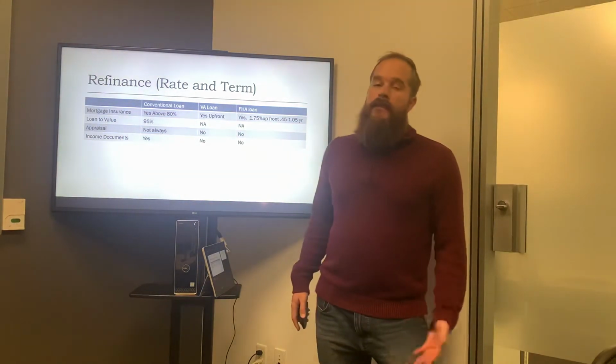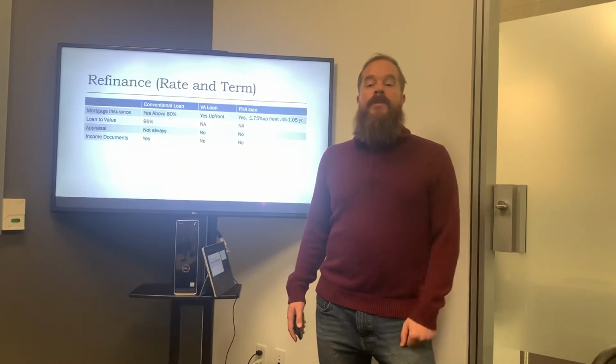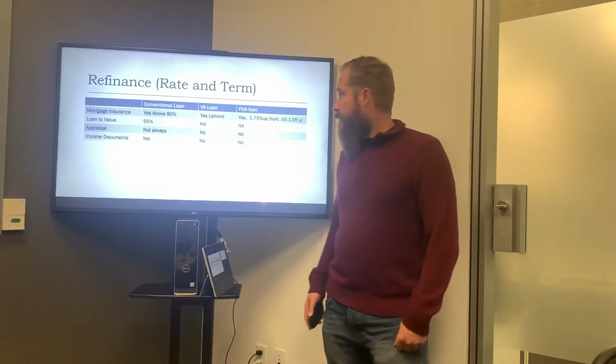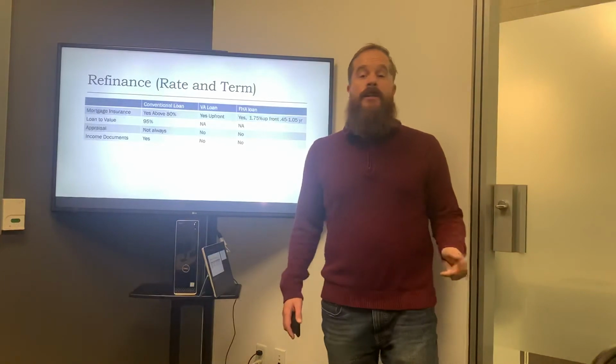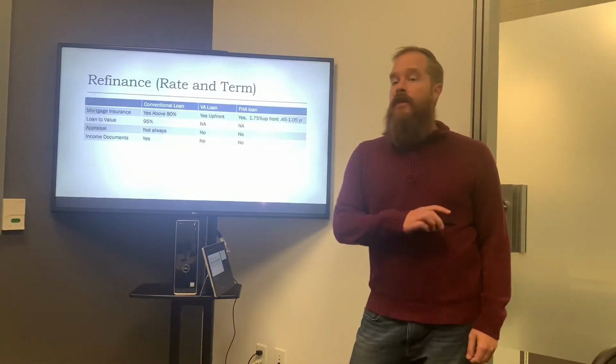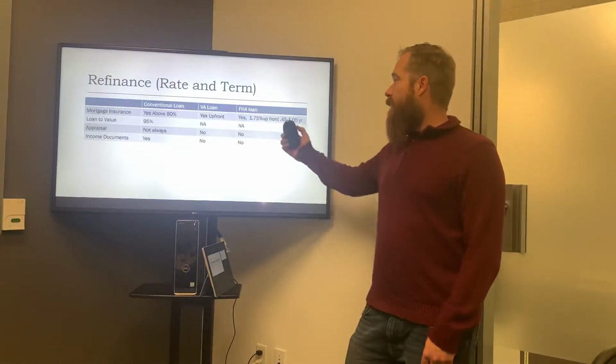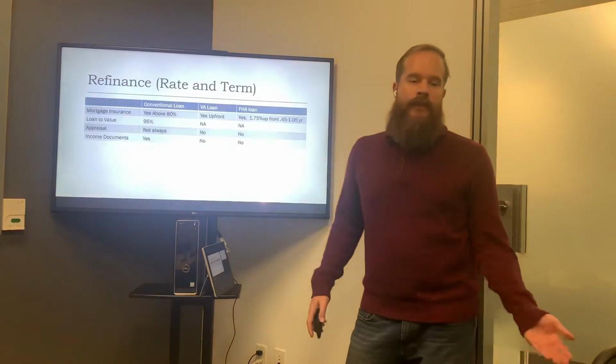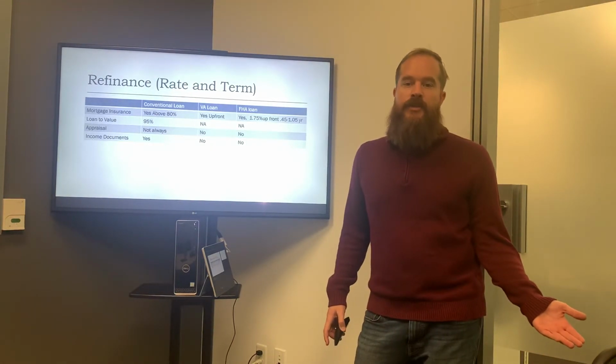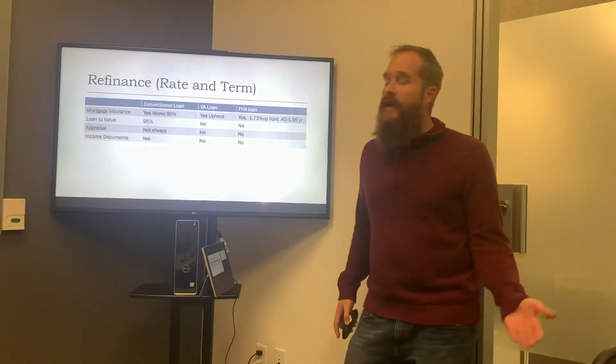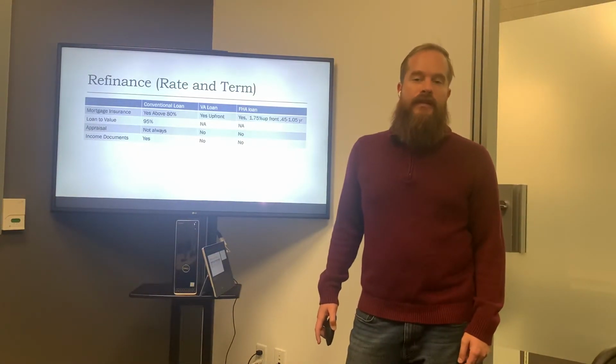Now again, this caveat is waived if you are receiving disability from the VA. FHA, nothing's changed. Their mortgage insurance is standard across the board. 1.75% up front, and then anywhere from 0.45% a year to 1.05 per year. Just depends on the equity, depends on the term.